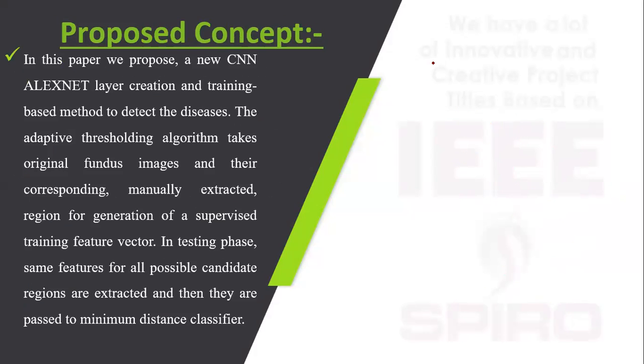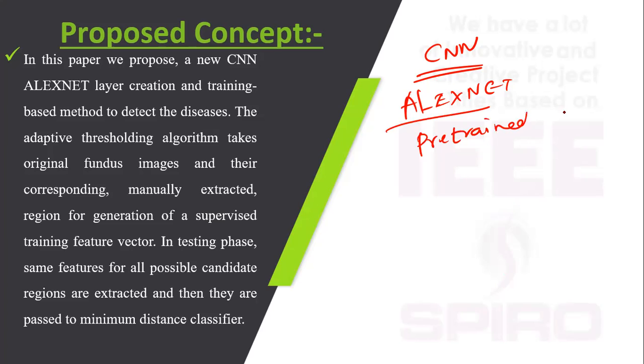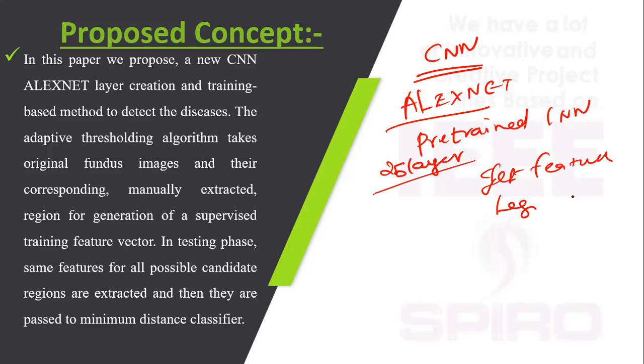In the proposed system, we use CNN AlexNet layer creation. AlexNet is a pre-trained CNN model. It consists of 25 layers. With the help of these layers, we get the features of lesion or not.